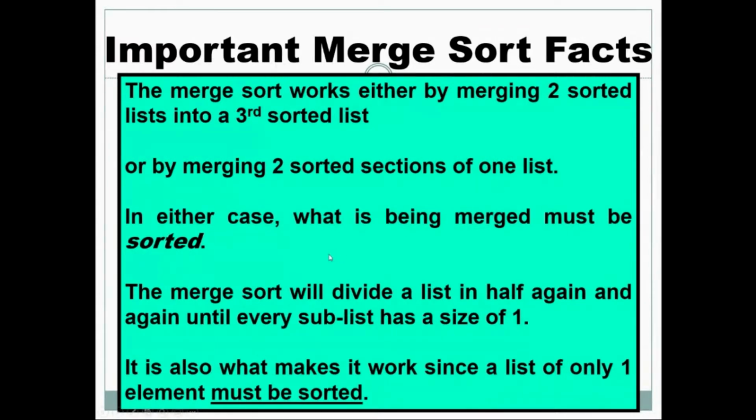MergeSort will divide the list in half, and half, and half until it becomes the size of 1, because the size of 1 means sorted. So this is the basic idea, and you have to know it.